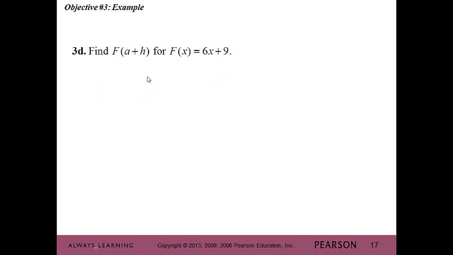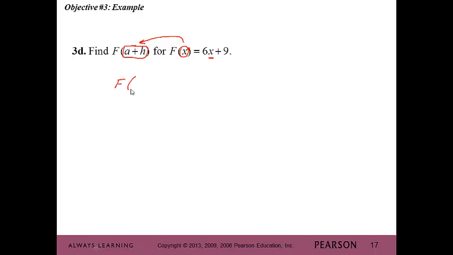And then last one, f of a plus h, for f of x equals 6x plus 9. Now this one's different. Inside parentheses is normally x, because we're a function of x, right? But this time, what's different inside the parentheses? A plus h. So everywhere we see an x, what do we need to do? Replace it with a plus h.